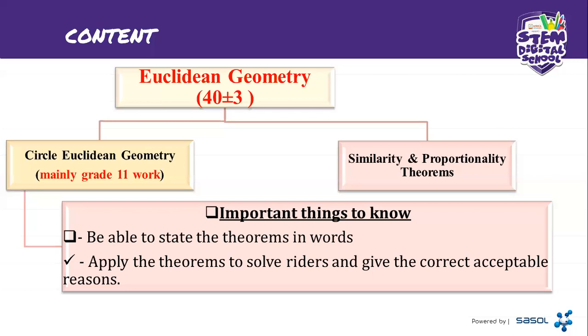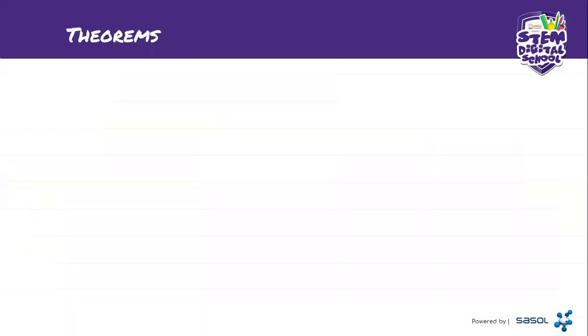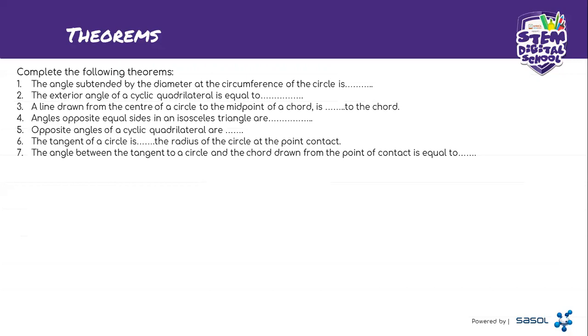Now let's get into our business for today and see what we have under Euclidean geometry. We'll be looking at the theorems, and we're going to be stating those theorems.